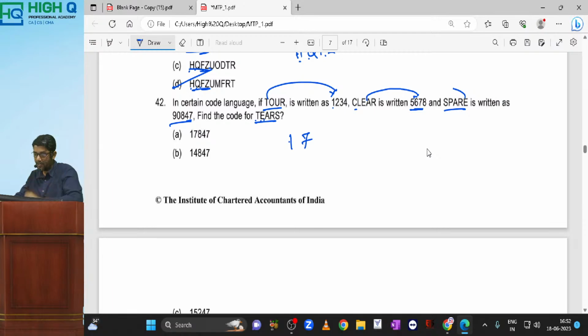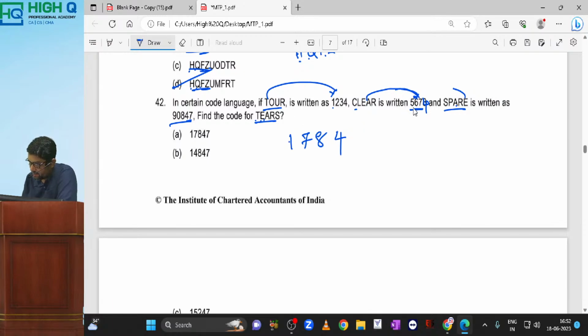It's a 5-letter word, no? But only 4 digits are given. R is 4. That is missing. Okay. R is 4. A is 8. 1784. Next one is what?